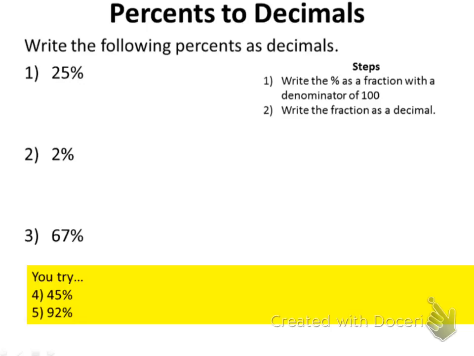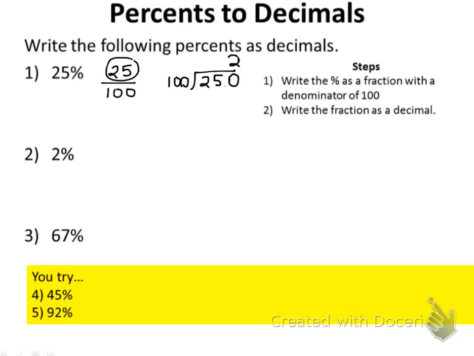So, write the following percentages as decimals. We have 25%, so I'm going to write 25% as 25 out of 100. Then I need to convert this fraction into a decimal, which we've done before. To do that, I divide the numerator by the denominator, so I'd have 25 divided by 100. Well, 100 can't go into 25, so I'm going to add a decimal and a 0. 100 can go into 250 2 times.